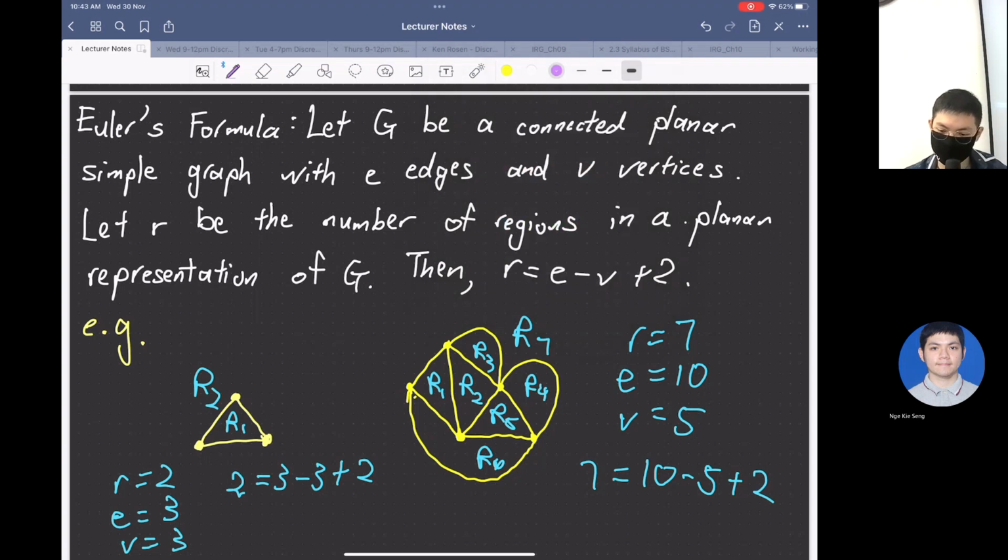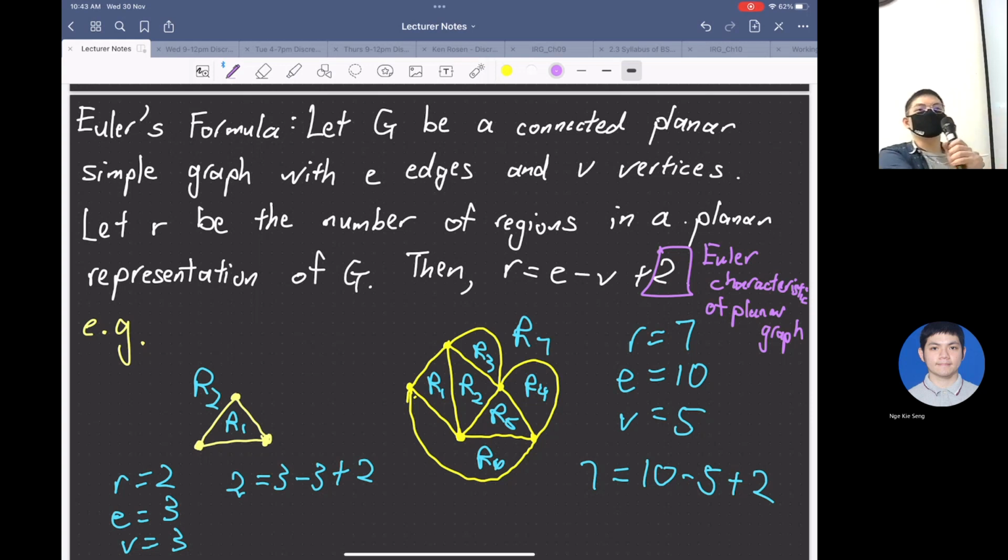We call it the Euler characteristic. The Euler characteristic of a planar graph is 2. This is the special number, the Euler characteristic.